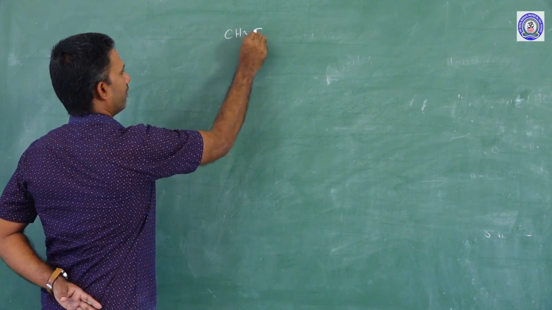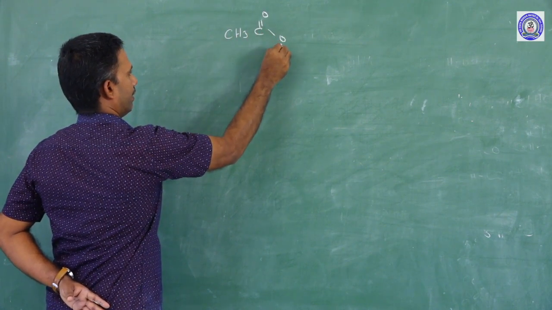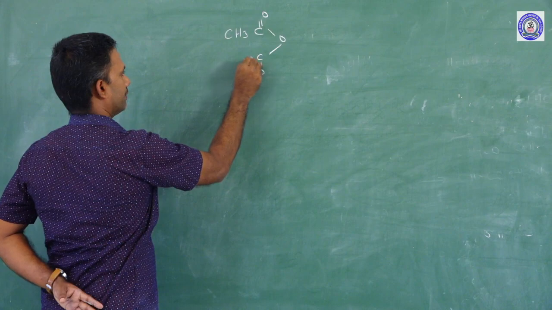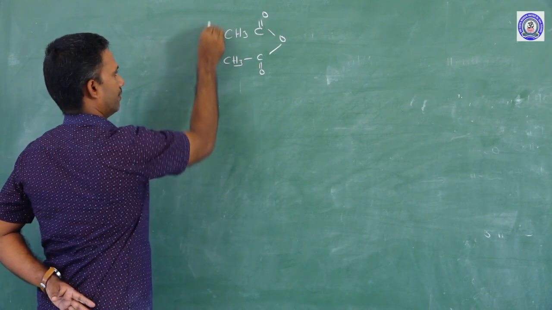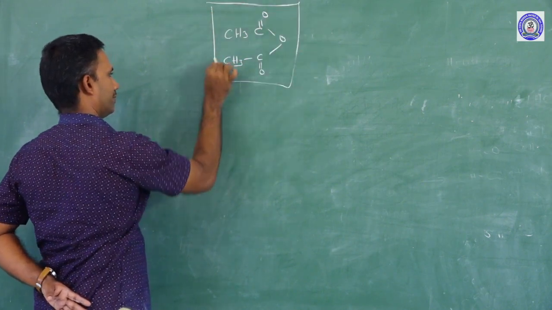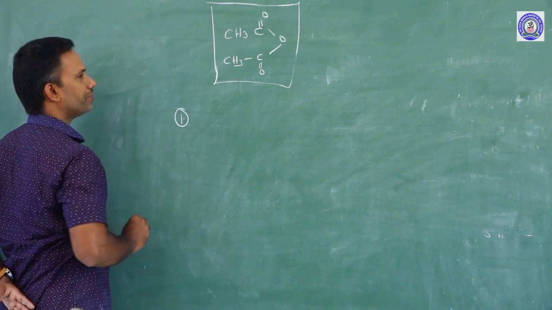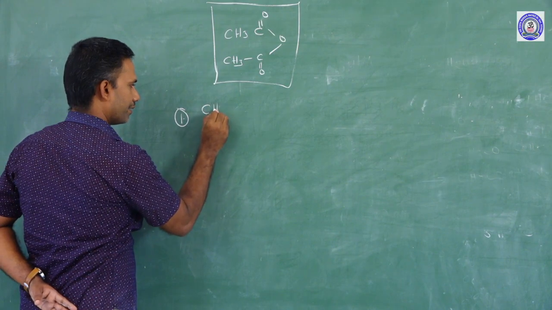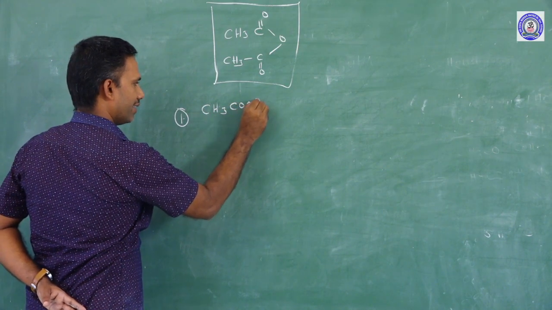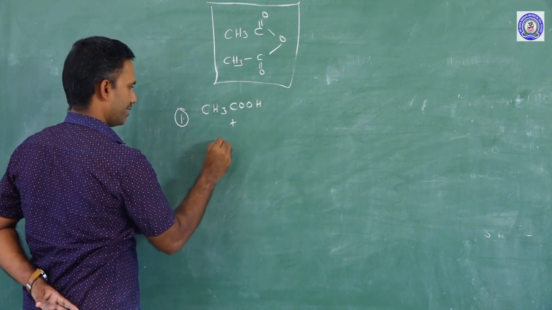For example, we may take acetic anhydride. First, how can it be prepared? First method of preparation: since it is an acid derivative, we can prepare it from the acid easily.